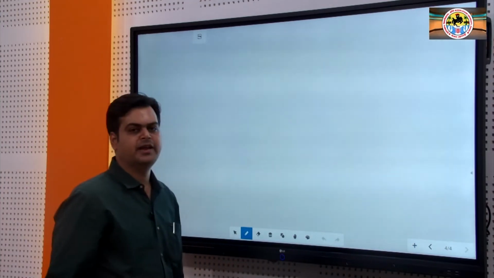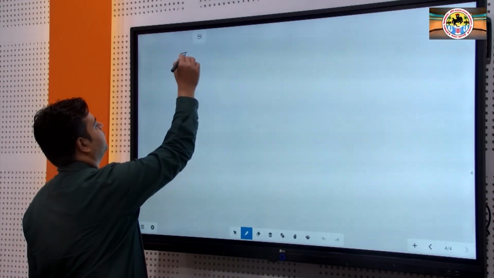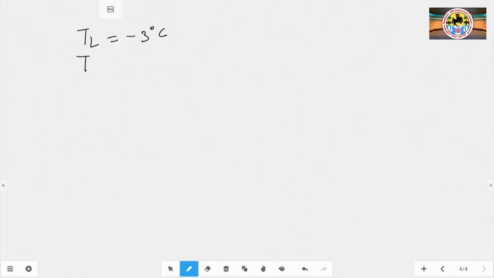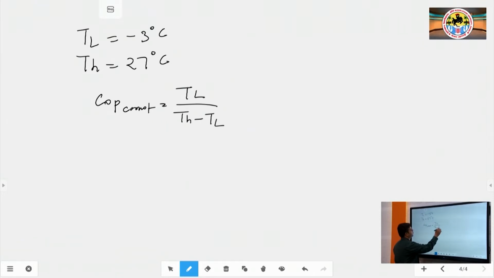Let us take one example of the Carnot cycle. Let the lower temperature be minus 3 degree centigrade and the higher temperature be 27 degree centigrade for some cycle. So, how to find the COP? We have the formula T lower upon T higher minus T lower.